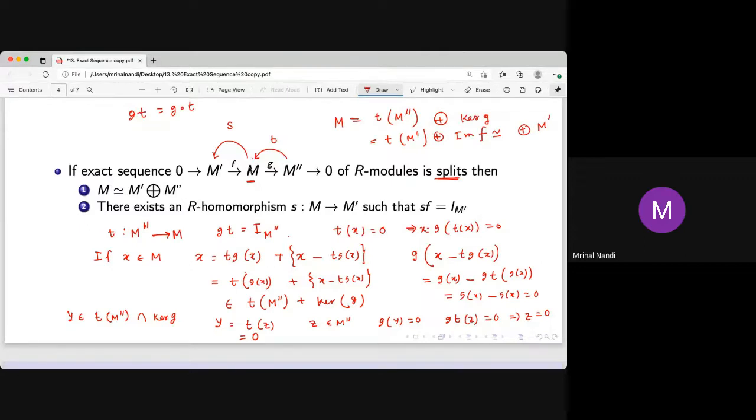And T is injective. Since T is injective, T of M double dash is isomorphic to M double dash, because T and F both are injective.